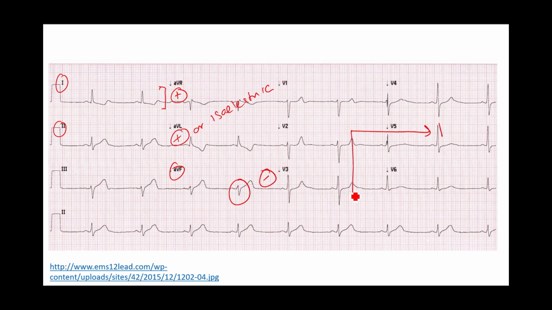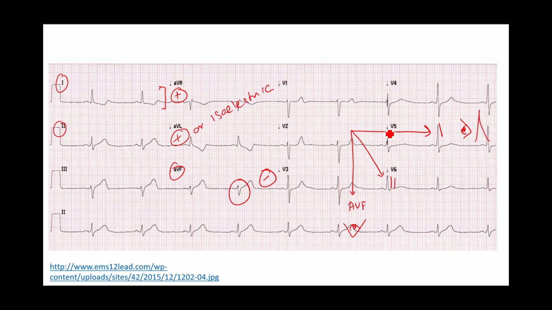Let's try to understand what's going on here. If this is the direction of lead 1, this is the direction of lead AVF, and this is the direction of lead 2: 1 is very positive, so we know that 1 is seeing the QRS, or the ventricular depolarization, very well. AVF is negative, so AVF, unfortunately, is not seeing that ventricular depolarization very well.